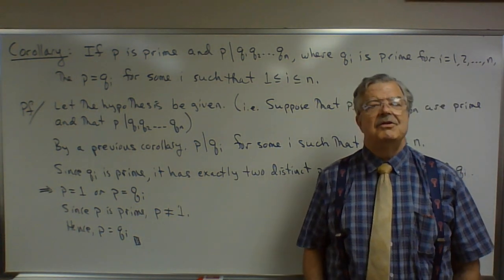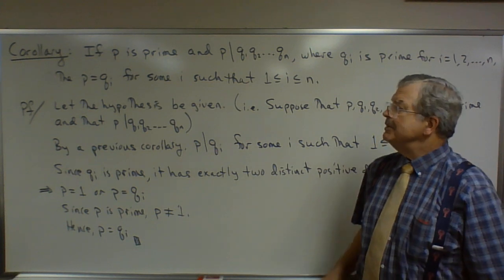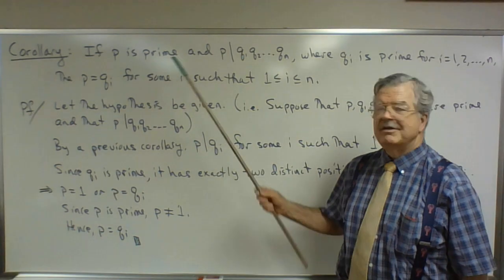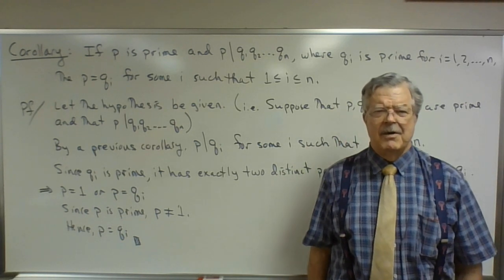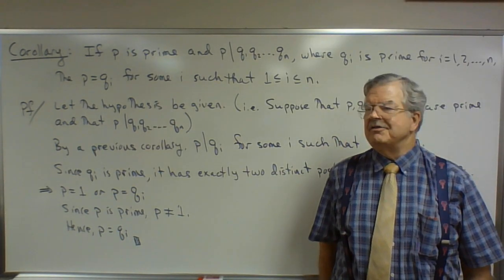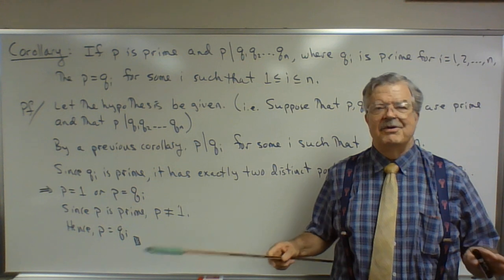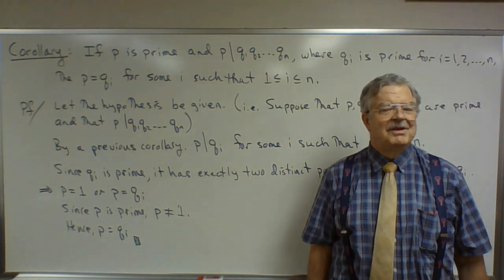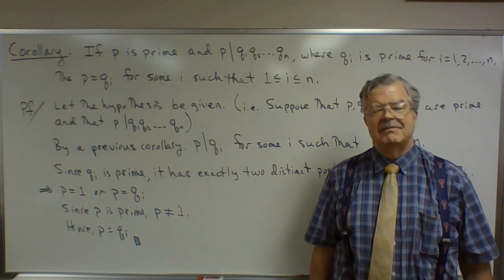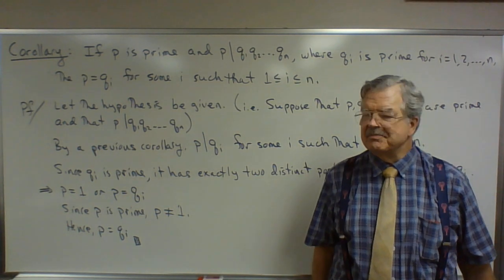Before we get to the new stuff, let me just mention a corollary that for some reason or other I think I omitted in the last video. It's not anything of earth-shaking significance. It's one of those things that when we see it stated, we go, yeah, okay, that makes sense.